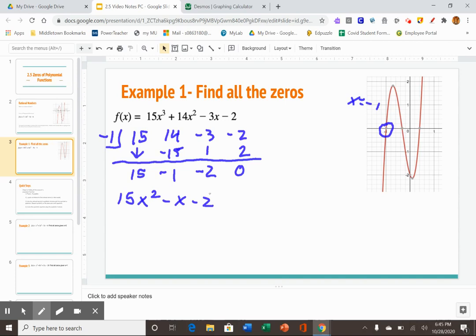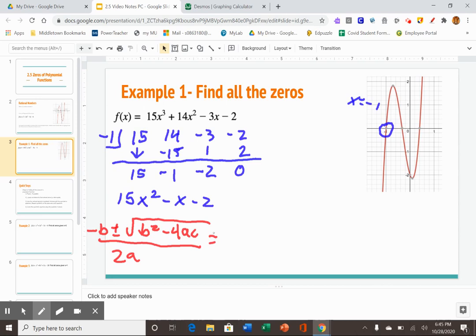Now you're going to say to yourself, well, how do I know what the zeros are? Well, now that it's a quadratic, we can either factor or use the quadratic formula. For this one, we're not going to factor it. We're just going to go right to the quadratic formula. So I'll just switch the color so everybody can see it. Let's do this down here. -b plus or minus the square root of b squared minus 4ac all over 2a.